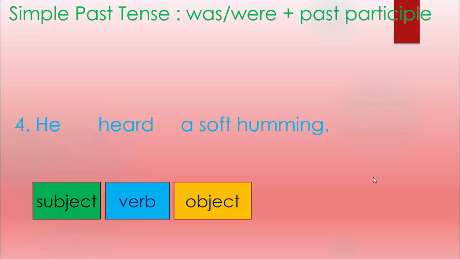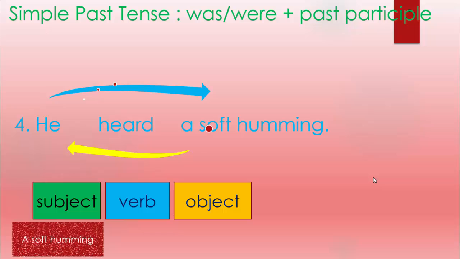So you know that the subject becomes object and the object becomes subject, and change the verb according to the tense and the number of subject. Firstly, I take the object, that is a soft humming.